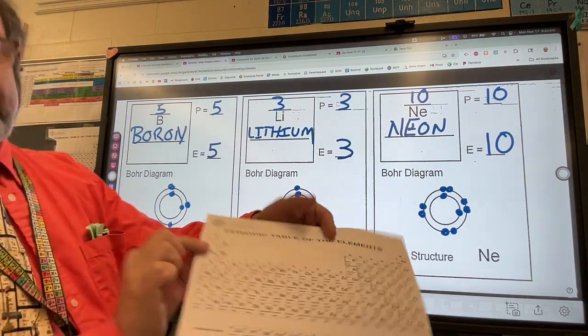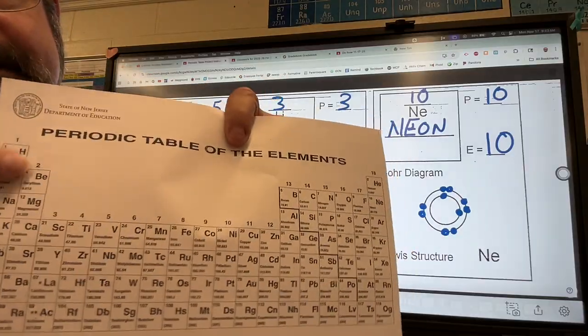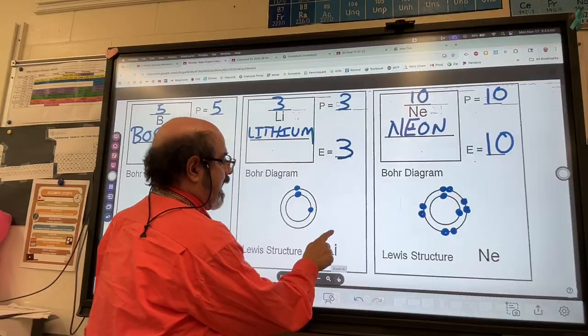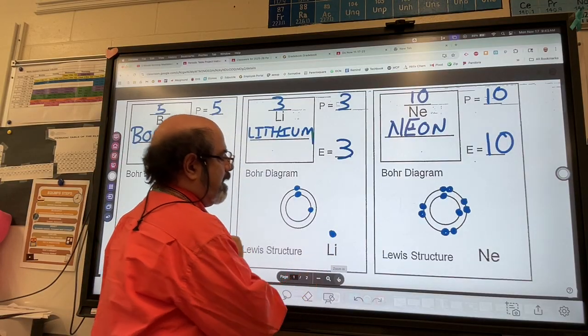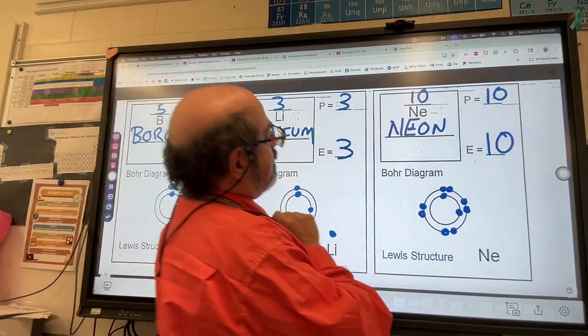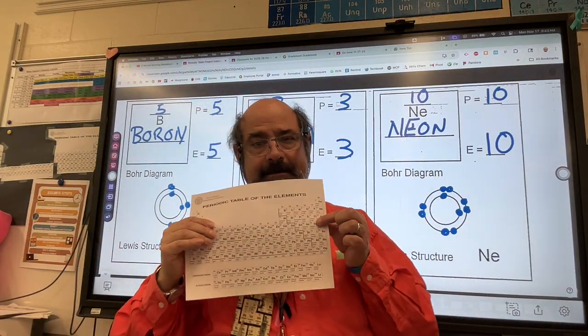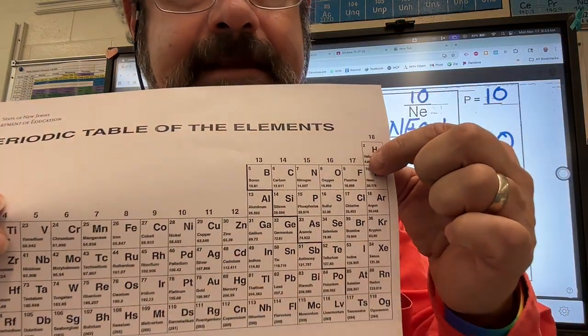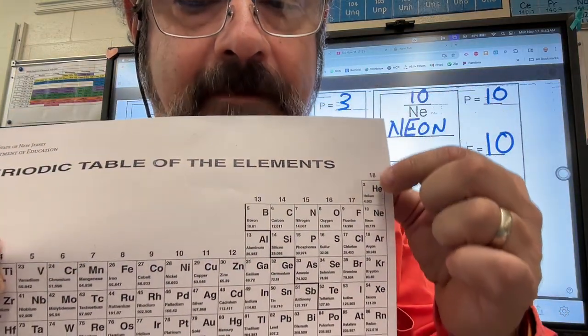Lithium, in the first column, there it is. So lithium is an alkali metal, has 1 valence electron. Neon has 8. Helium only has 2, by the way, so watch out for that one.